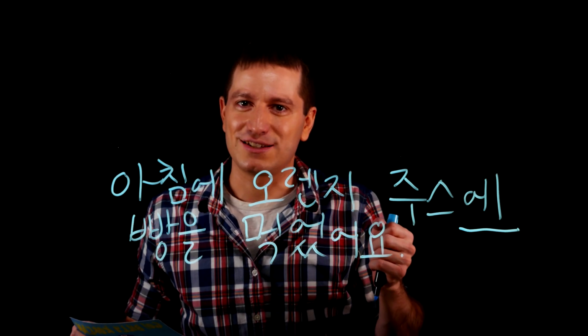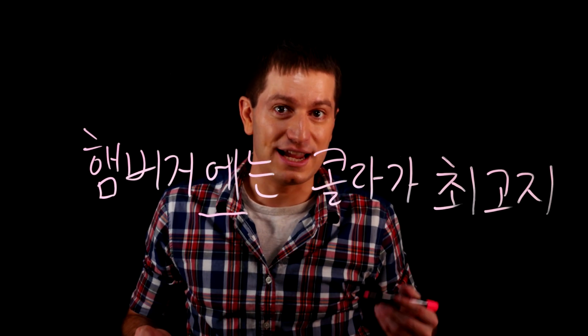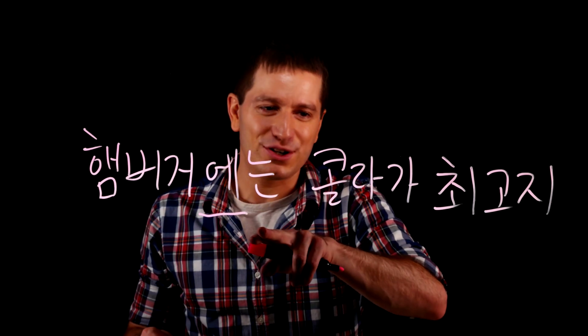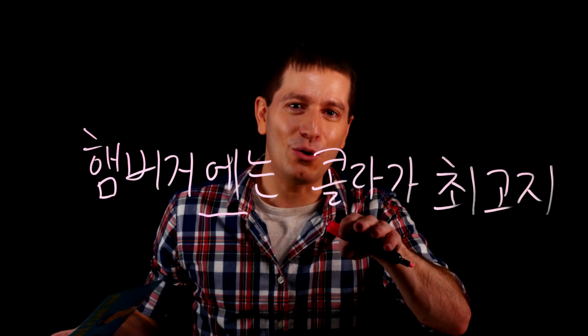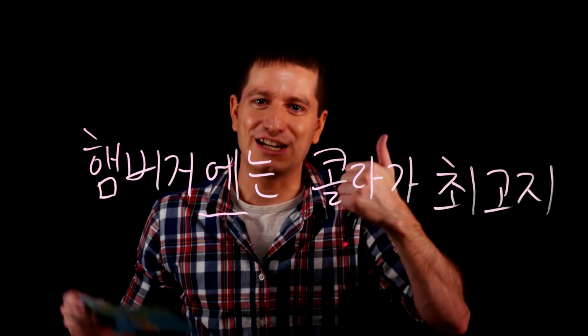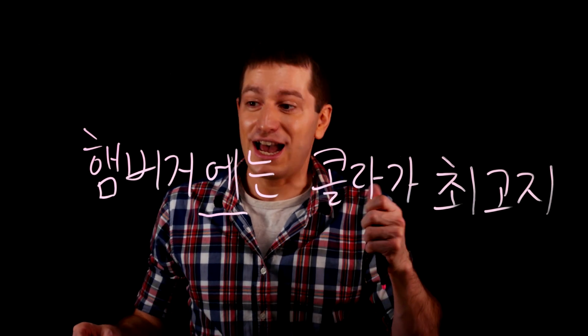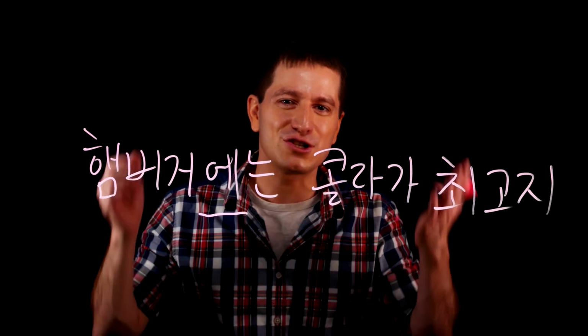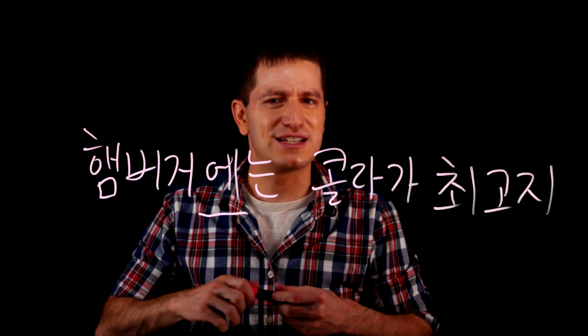Let's do another sentence. 햄버거에는, so this is the 에 as well, 에다가. So in addition to hamburgers, 콜라가 최고지, or hamburger and cola are the best. There's nothing quite like a hamburger and a cola, right? I actually prefer 7-Up. But yeah, this is how you can use it yourself. Just remember that the words must be closely related to each other, or else it's going to sound wrong.